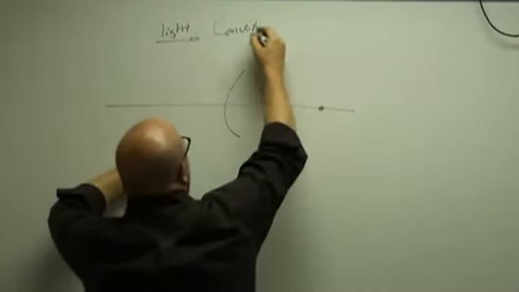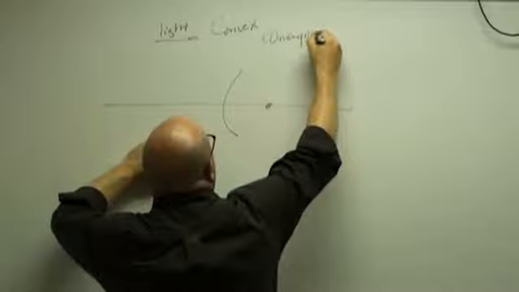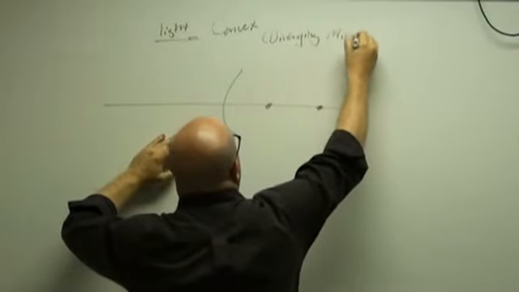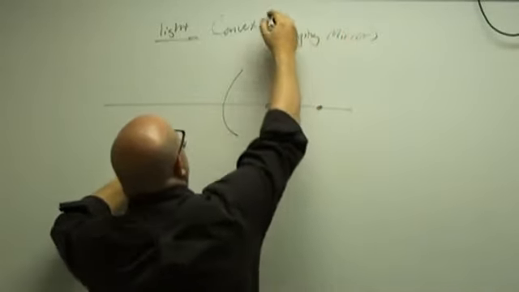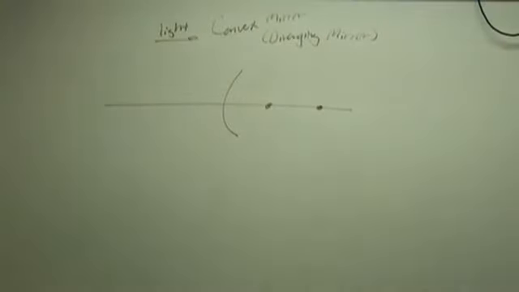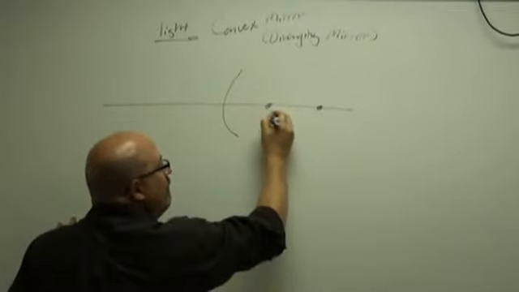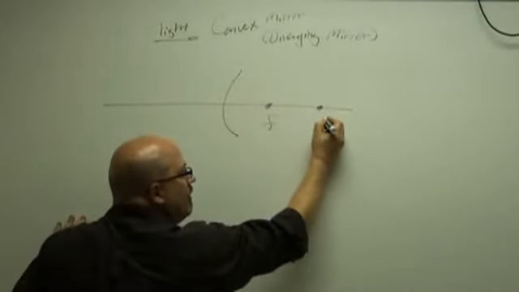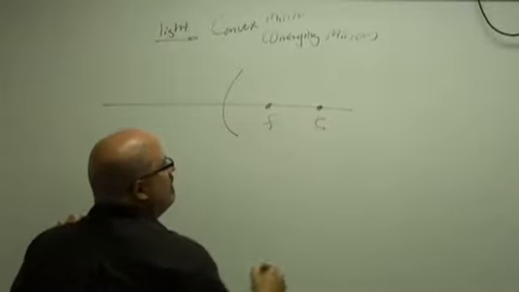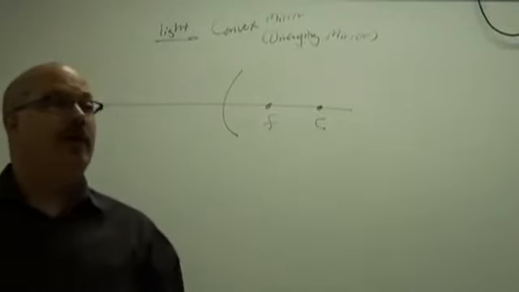Okay? It's also called diverging. Okay, convex mirror or diverging mirror. All right. What's this point called? Focus. What's this point called? Center of curvature. So it's exactly the same geometry.